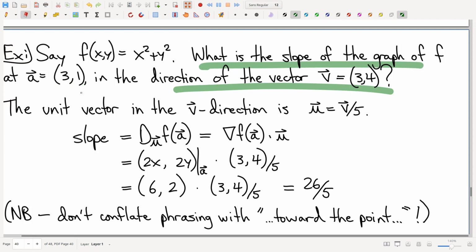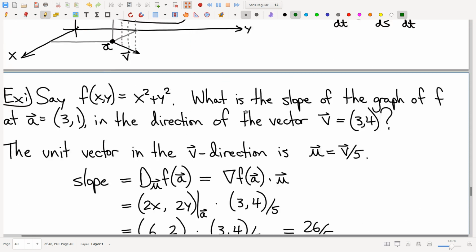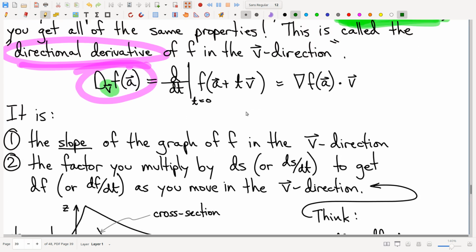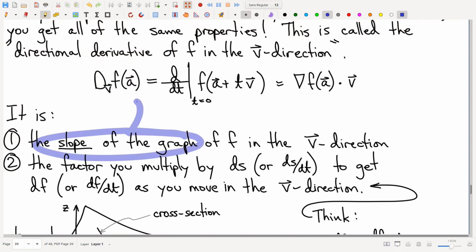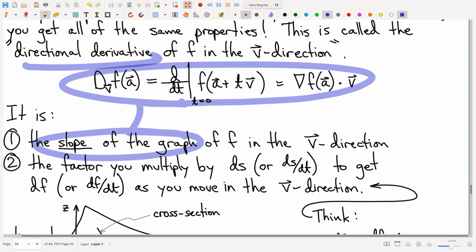Okay, well, conveniently, slope of the graph is one of our primary interpretations of directional derivative. This is already established. I don't have to make a case for this. I was asked to compute the slope of the graph. Cool, I'm going to compute the directional derivative.